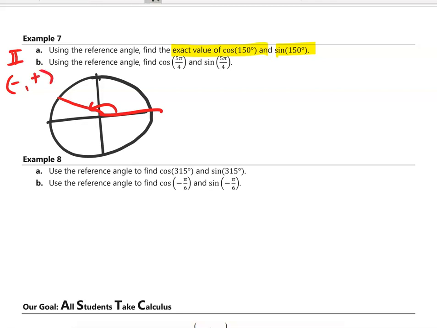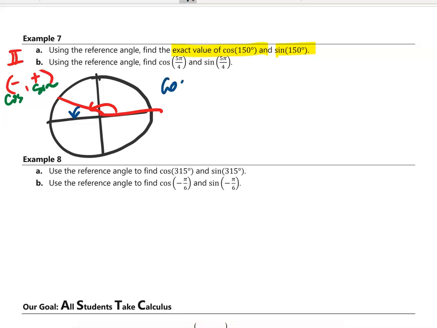This is your cosine and this is your sine. And the reference angle, the fastest way to the x-axis, is this part, and this angle here, if this is 150, meaning this is 30 degrees, right?